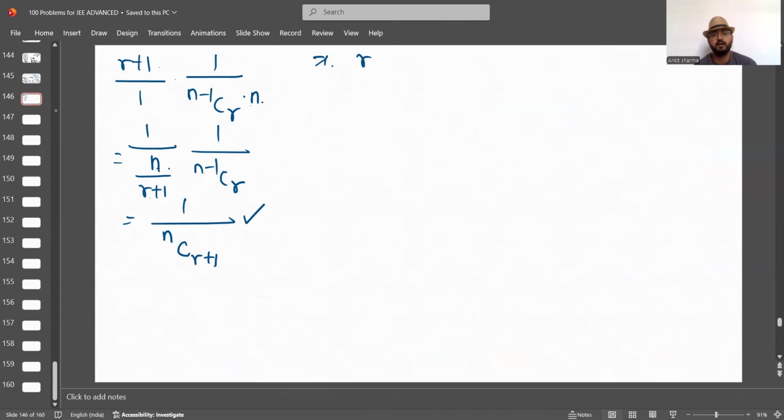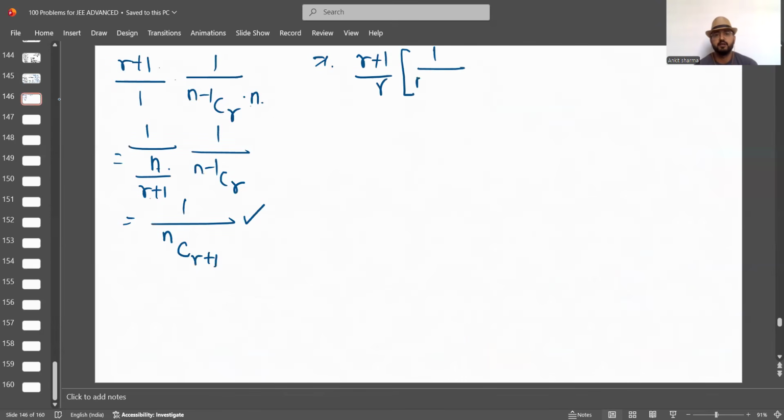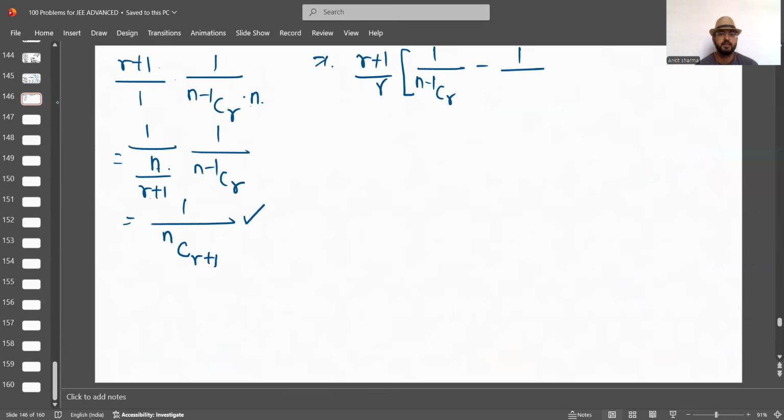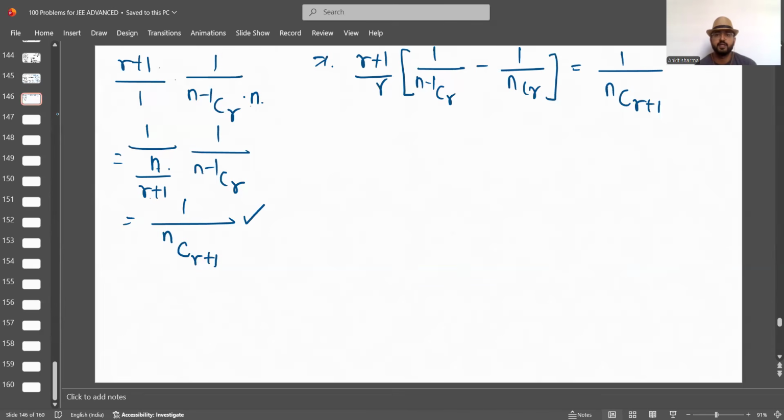Because now we have (r+1) over r, then in the sigma, I have 1 over (n−1)Cr minus 1 over nCr. This thing we have written as 1 over nC(r+1). Now if you look at the base here, what do we need? r is what? This thing is 2026 everywhere, so here we have to put r equal to 2025.